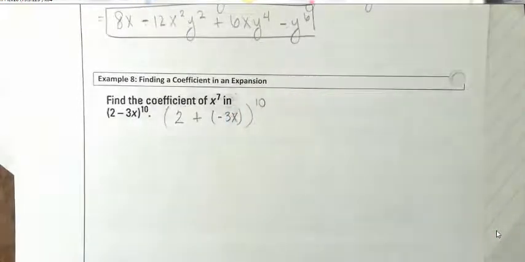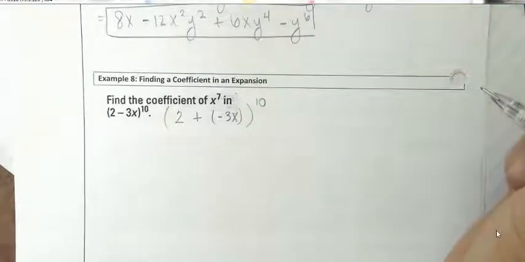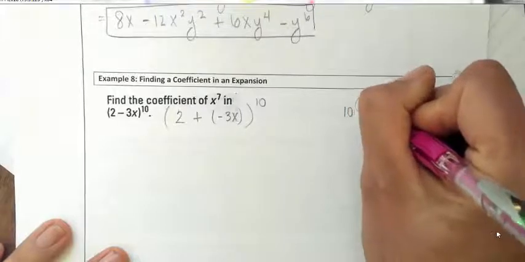Okay, so what I'm thinking about is, if you're thinking about your Pascal's triangle, you're thinking about your 10th row and the 7th term over, right? So this is really to find the coefficient of just that term. You really are just going to do 10C7.